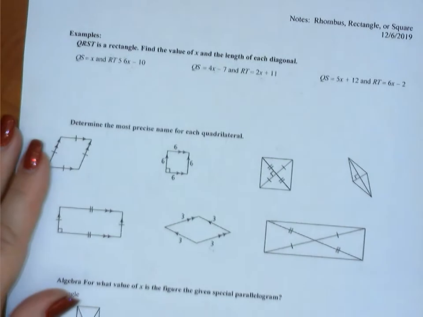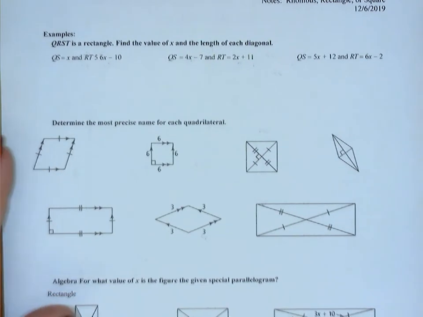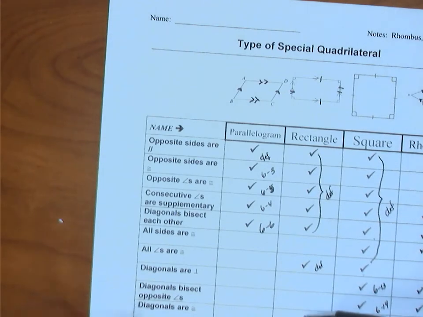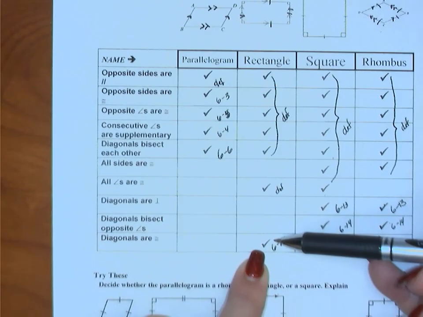Okay, here we go. So now we're looking at a quadrilateral that's a rectangle. So QRST is a rectangle. According to the information about a rectangle, the diagonals of a rectangle are congruent. Right here. So I know that these two things are congruent.